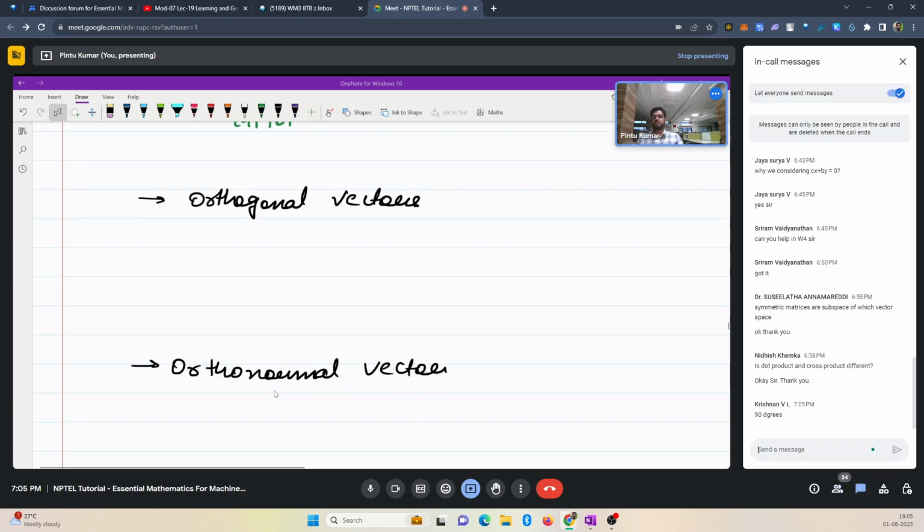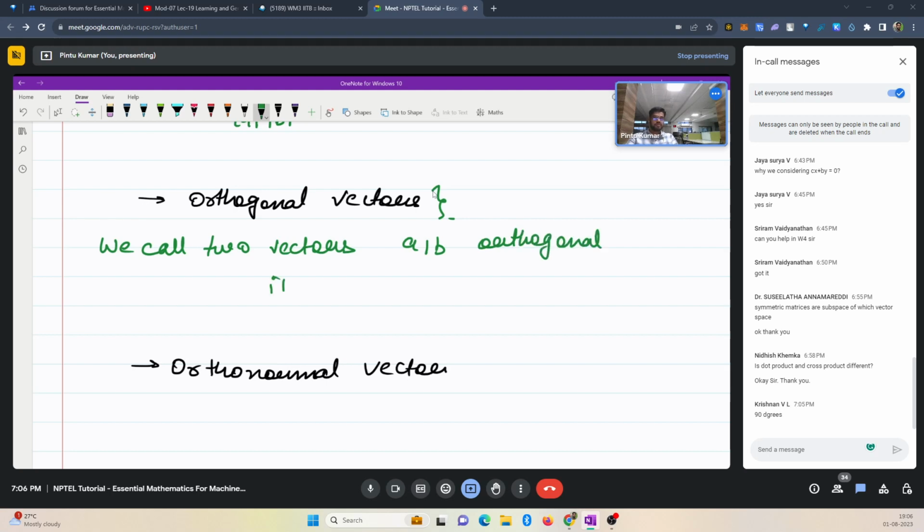Now the next thing that comes about vectors is the definition of orthogonal vectors. We call two vectors a comma b orthogonal if a dot b is 0. What is the meaning of orthogonal?